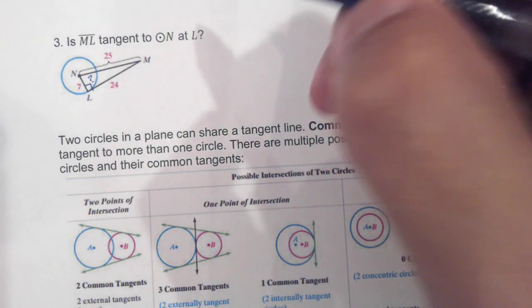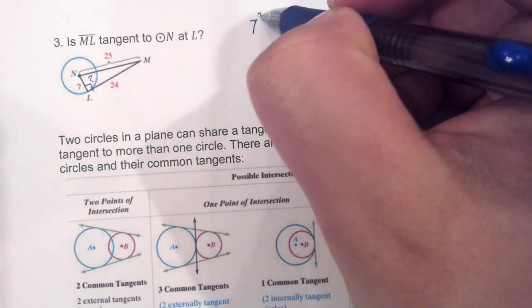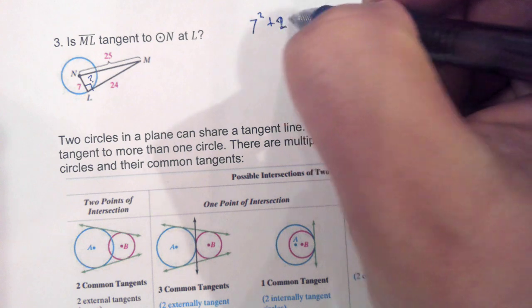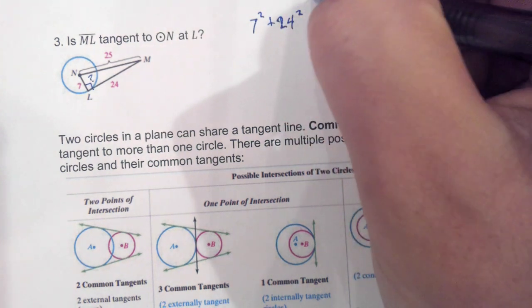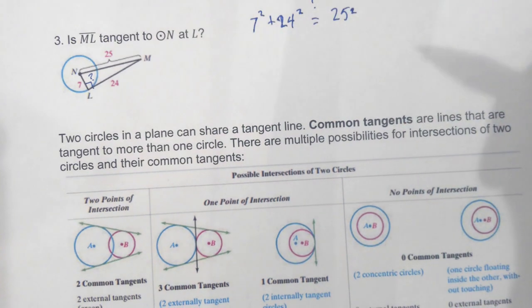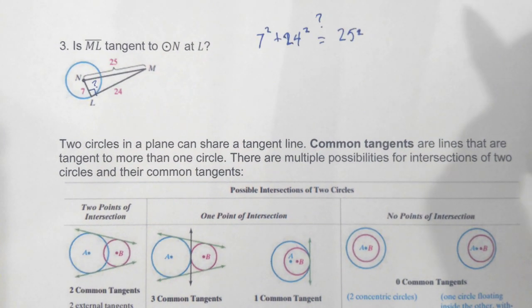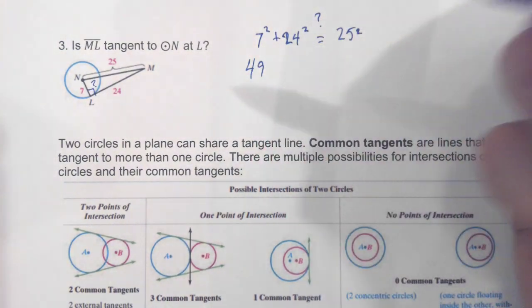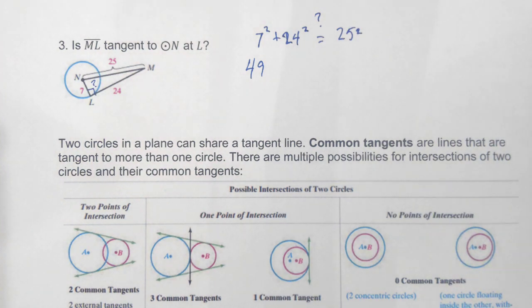So how do we test that? Well, it's a triangle, so we test the Pythagorean theorem. Is 7 squared plus 24 squared equal to 25 squared? Okay, so 7 squared is 49. 24 squared, I don't know that one.